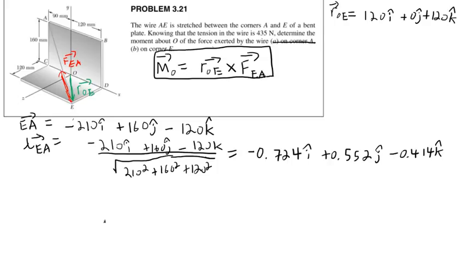Questions on that? Again, I'm just finding the overall vector along the force's line of action. Then I'm finding the unit vector of that vector.